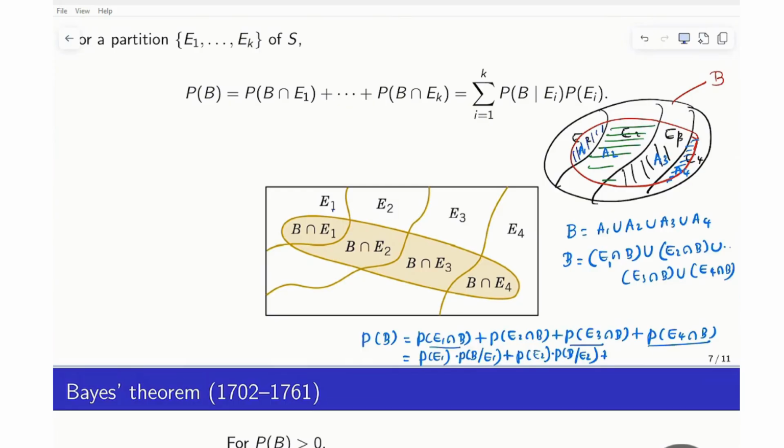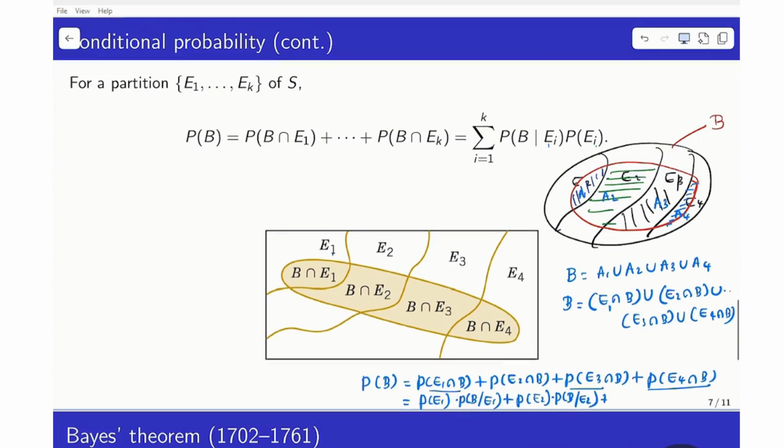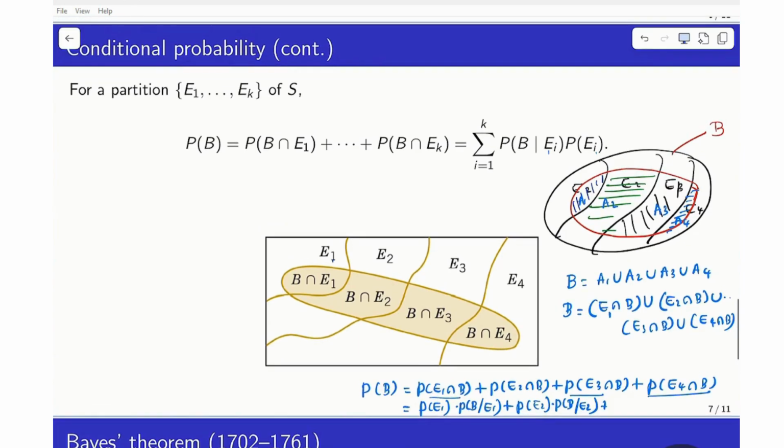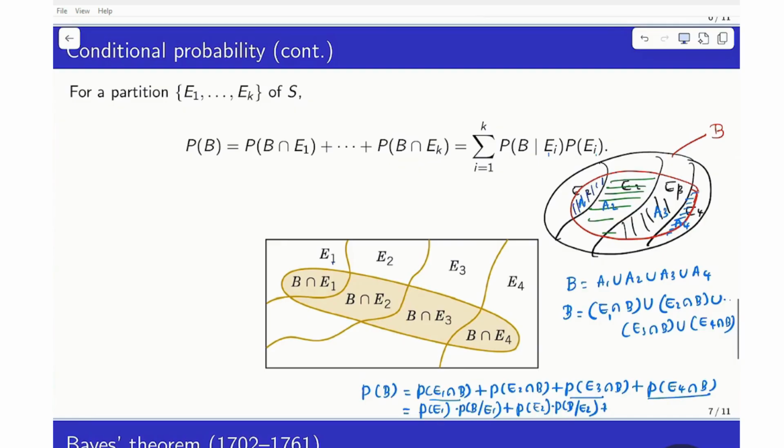Then this means summation. So that's why we express the probability of B. We can write the summation from E1 to E4, or K if you have K events, of the probability of Ei and B. So this is the total probability rule for the general case.